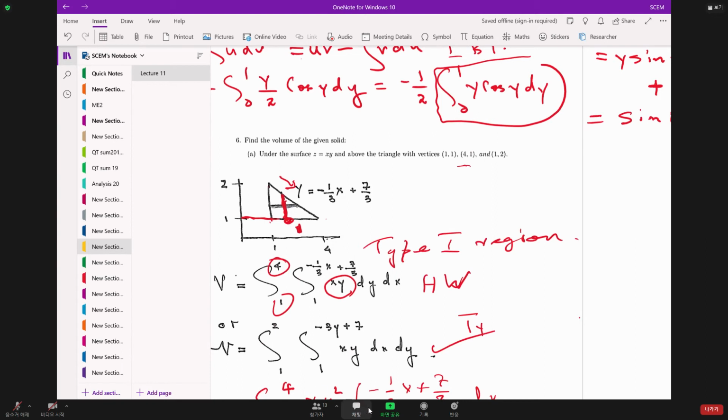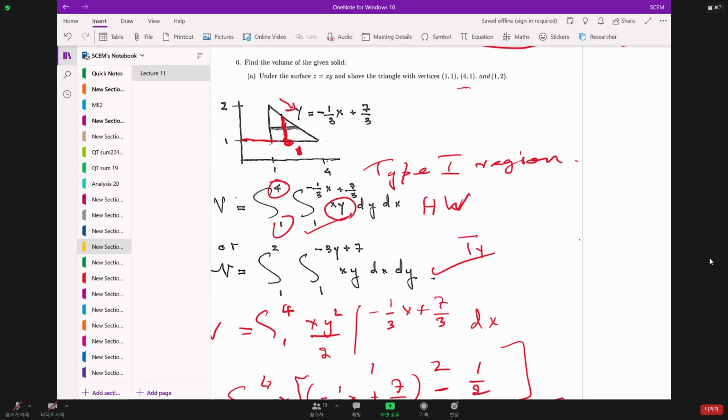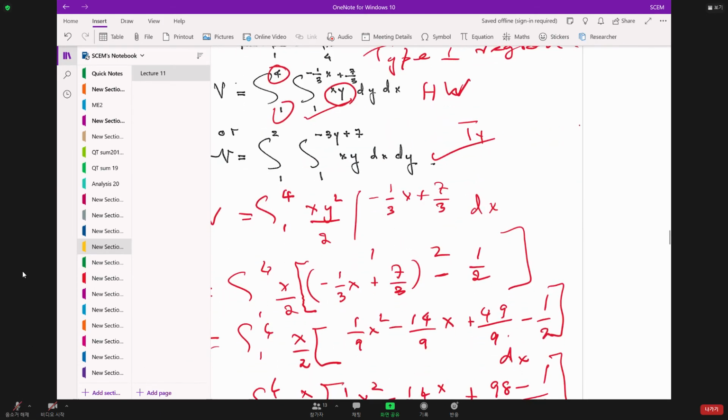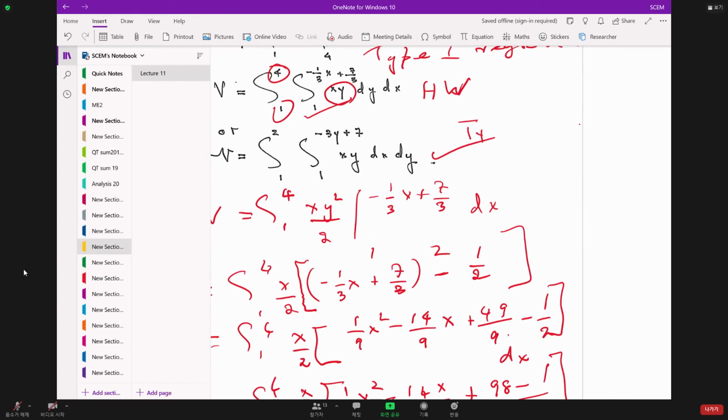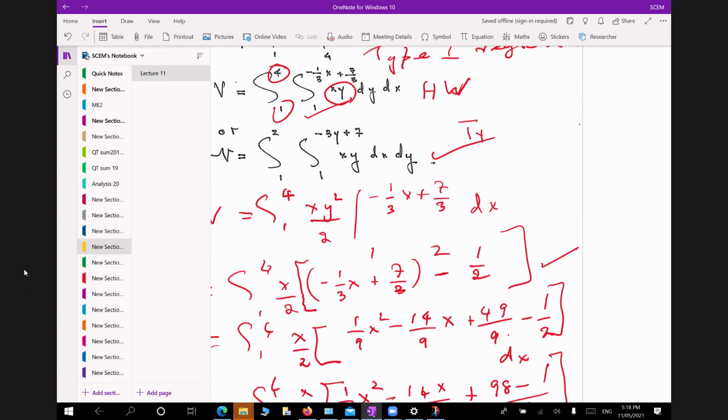Yes, that part is perfect. Okay, just down a little bit, please. Here. So in the red lines, the second line. This line. Yes, that's right. And the constant part, you take away half at the end. Should that be 1?